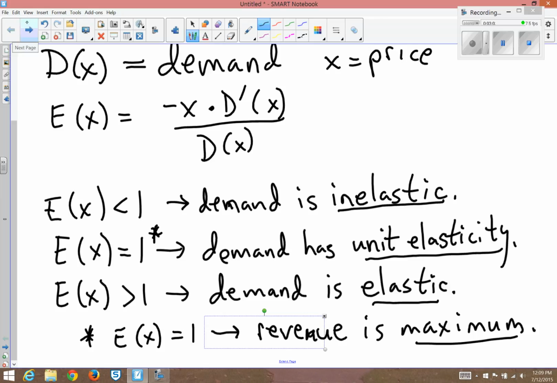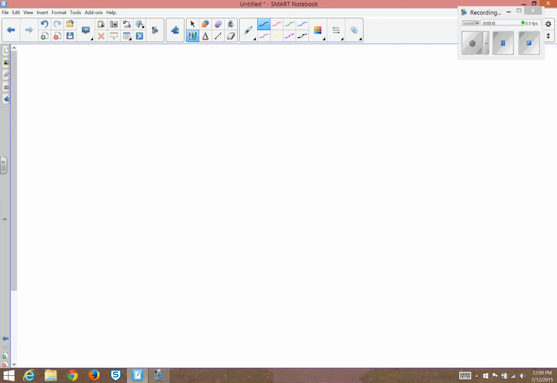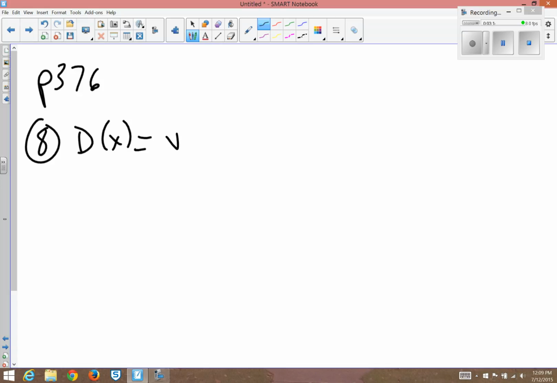And then on page 376, exercise 8, the demand function is given: the square root of 300 minus x. The directions there are for 3 parts. Part A is to find the elasticity.